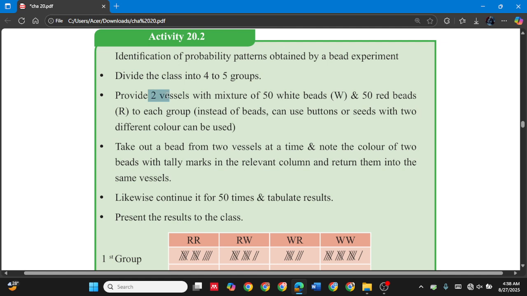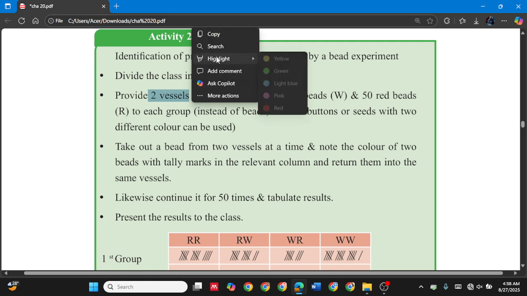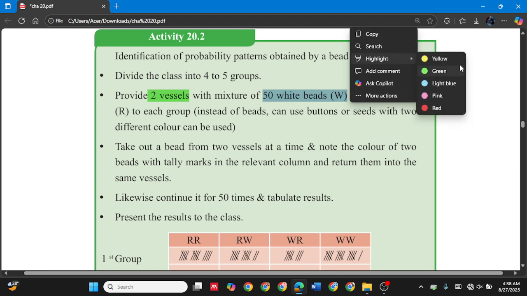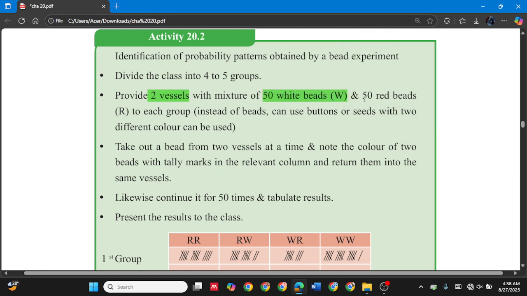For each group they are giving 2 vessels, each with 50 white and 50 red.